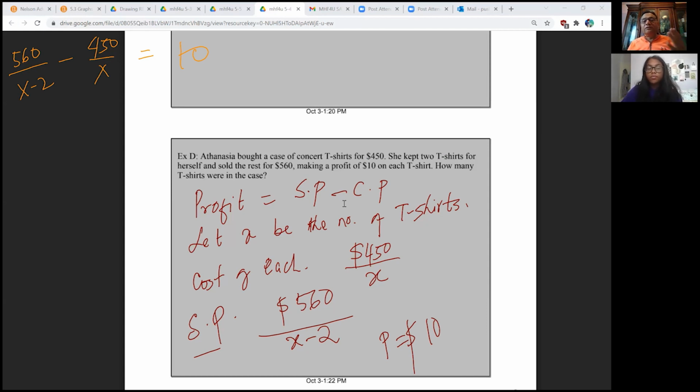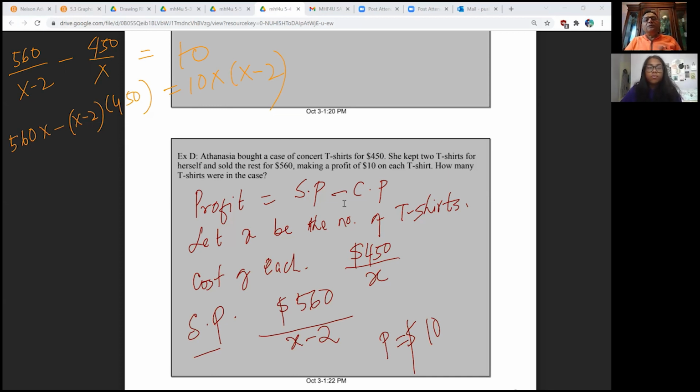Now see, in the word problems, you have very difficult equations to solve, right? So we'll multiply each term by x minus 2 times x. And so what do you get? You get 560x minus x minus 2 times 450 equals 10 times x minus 2. Is that clear to you? All the terms, right? Because we are multiplying.